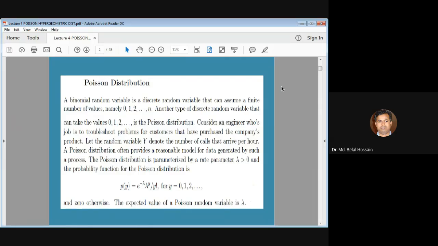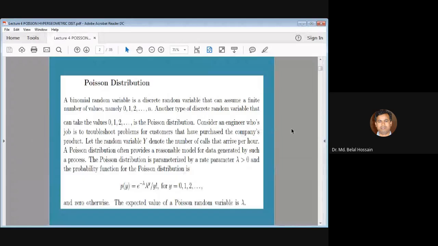Say, consider an engineer whose job is to troubleshoot problems for customers that have purchased the company's product. Let the random variable y denote the number of calls that arrive per hour. So this is the Poisson random variable, the number of calls arriving over telephone in 1 hour.